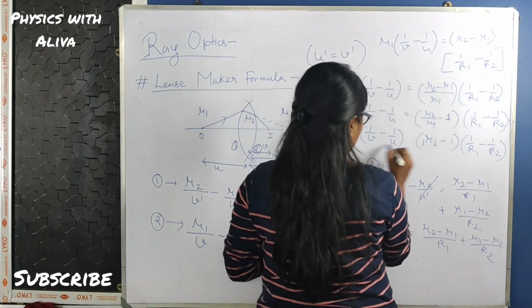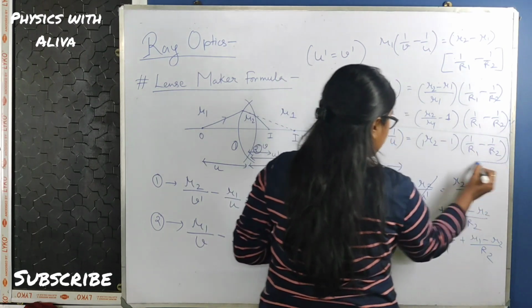Mu2 by mu1 is mu21, so 1 by V minus 1 by U is equal to (mu21 minus 1) times (1 by R1 minus 1 by R2). This is known as the Lensmaker formula.